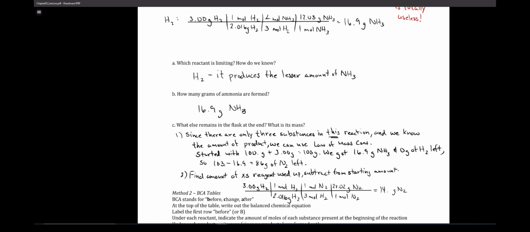So yeah, 13.9, because I got to be careful about my sig digs for a second there. So 13.9. And so therefore, 100 grams of nitrogen is what you started with, minus 13.9 grams used up, means that we have 86 grams remain.